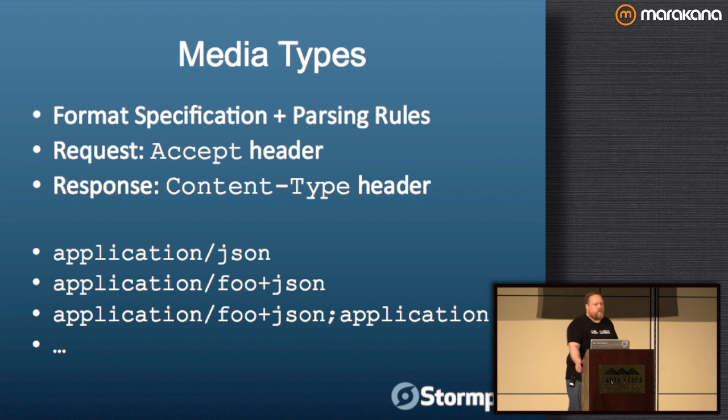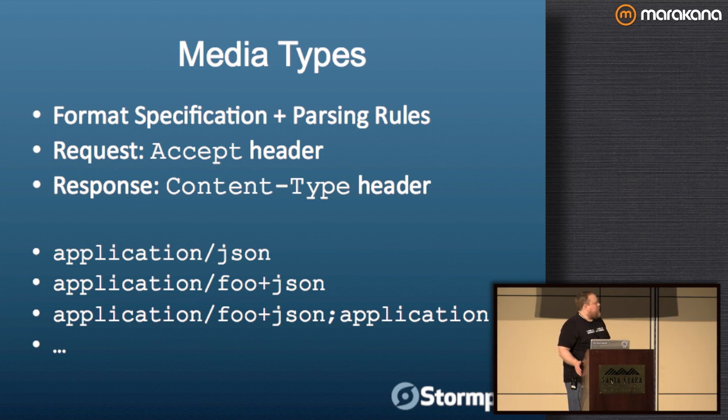So if the client says, hey, my Accept header is application/json, they're telling the server, hey server, when you process this request, I would like you to give me JSON back in response. And the server will set the Content-Type header on the response to say, I know what you requested, but here's what I'm actually sending back. Most of the time we hope they're the same. If the client requests JSON and the server responds with JSON, these two values should be the same.